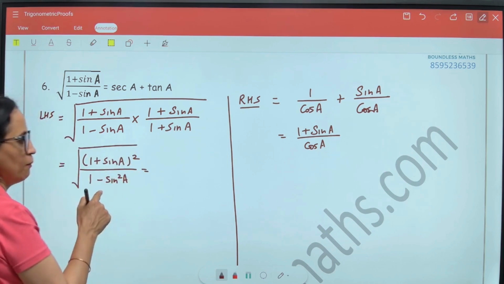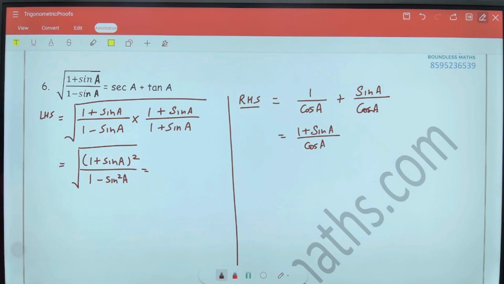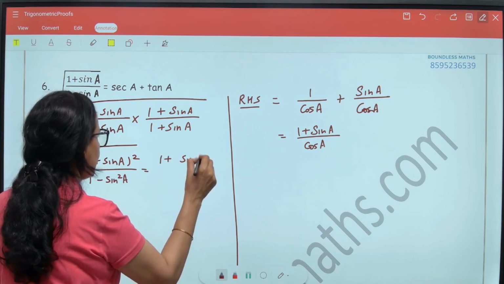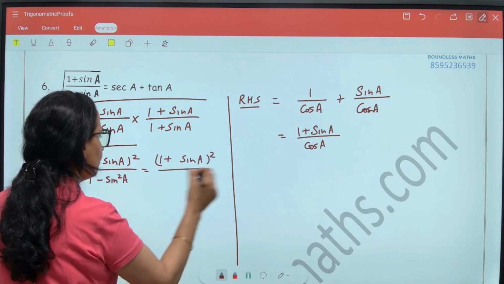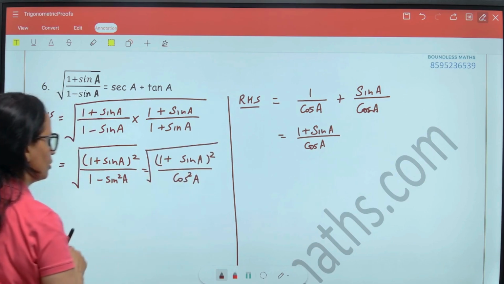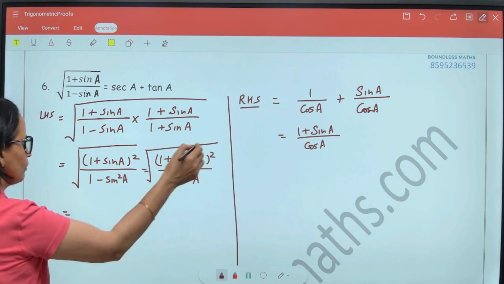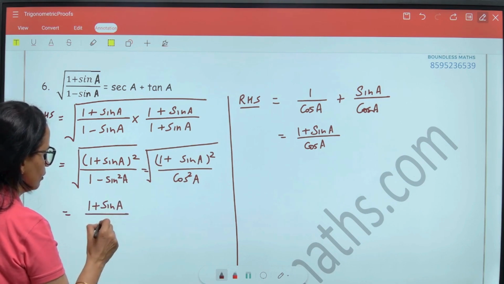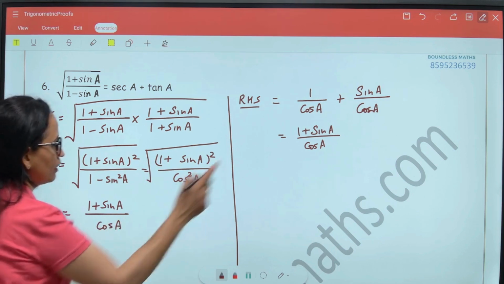In the denominator I can again use the identity 1 minus sin square is cos square A, wonderful. So it is 1 plus sin A whole square upon cos square A and everything under the root. Now this square and square root will get cancelled, so I have 1 plus sin A upon cos A, and this is what I have on the right side also.